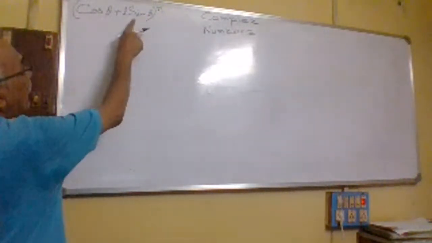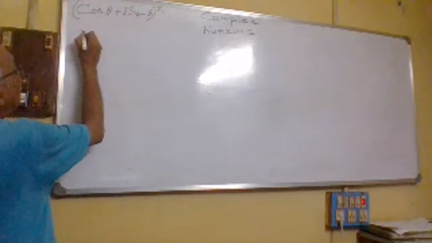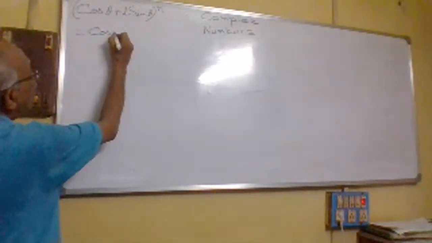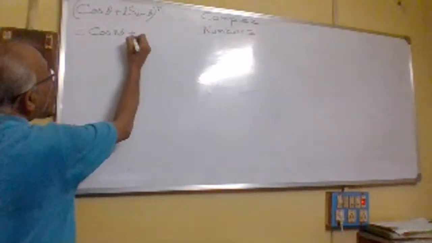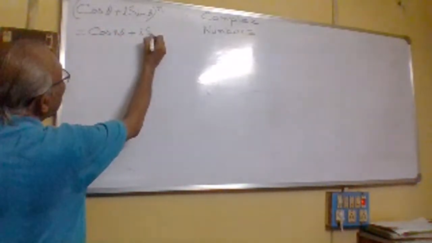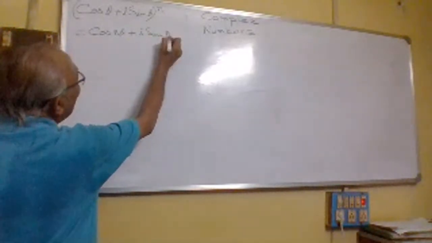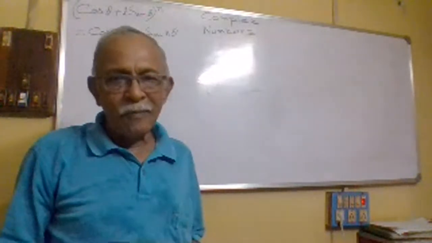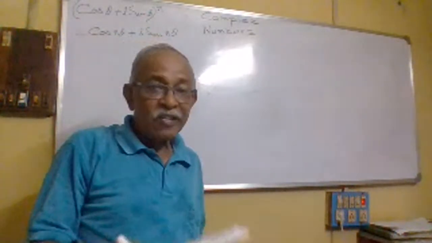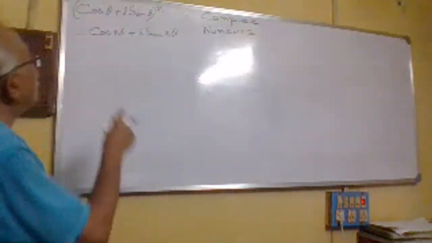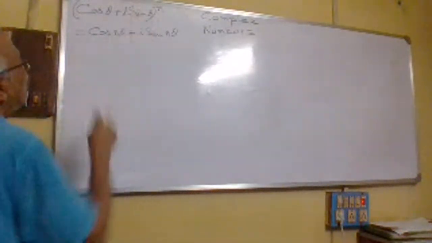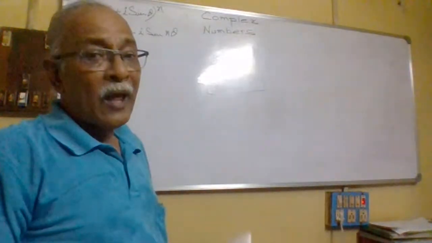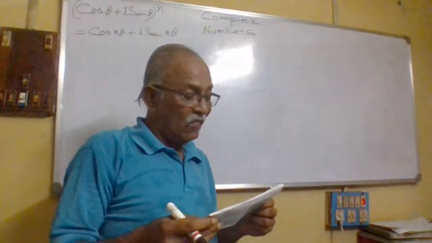Cos theta plus I sin theta whole to the power n equals, see it carefully, cos n theta plus I sin n theta. I am not showing the proofs. In this time span, it is not possible to discuss everything. But what we have to remember: cos theta plus I sin theta whole to the power n equals cos n theta plus I sin n theta.